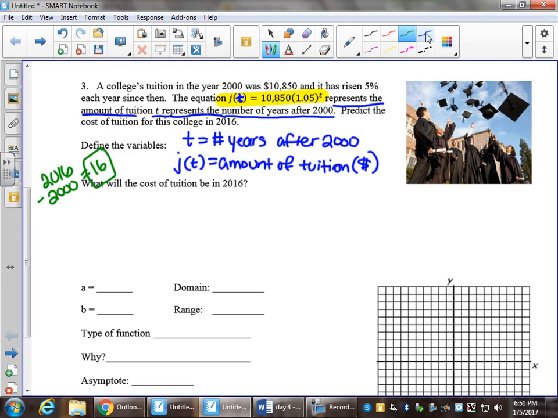So that is what I'll be plugging in. J of 16 equals 10,850 times 1.05 raised to the 16. Go ahead and type that into your calculators, and we'll compare answers.